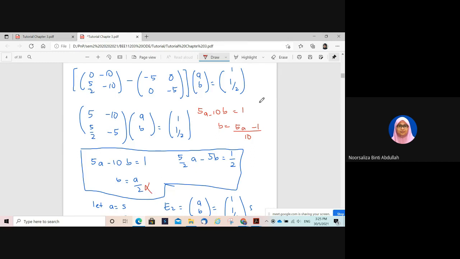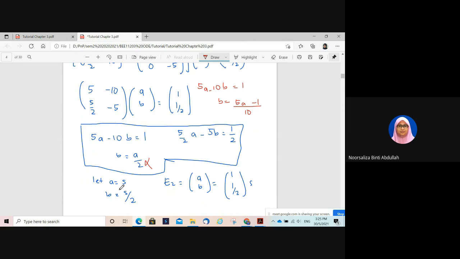If you take this one, let A equals to S. Then B equals to 5S minus 1 over 10.